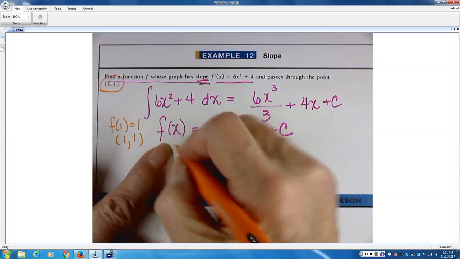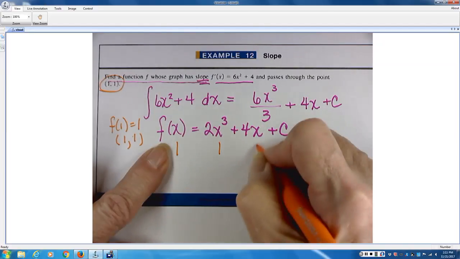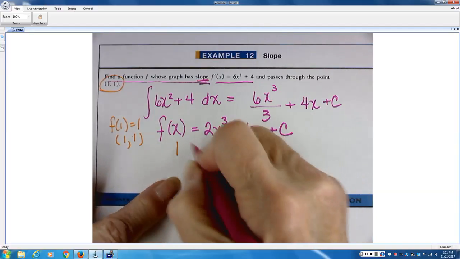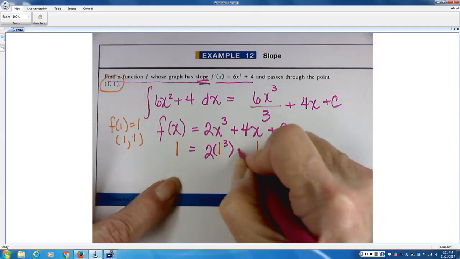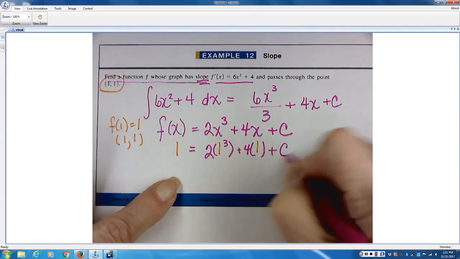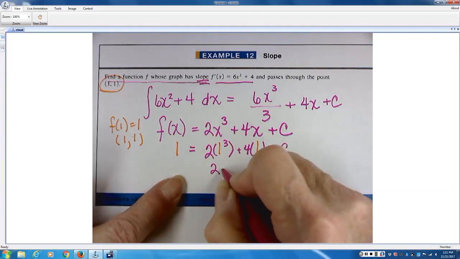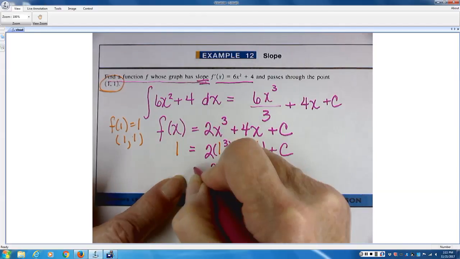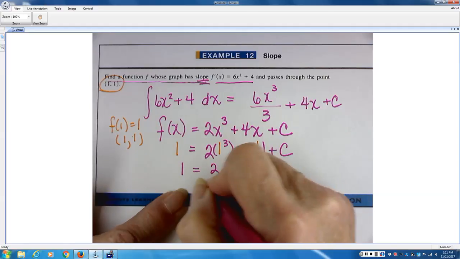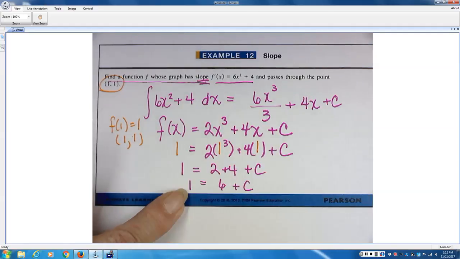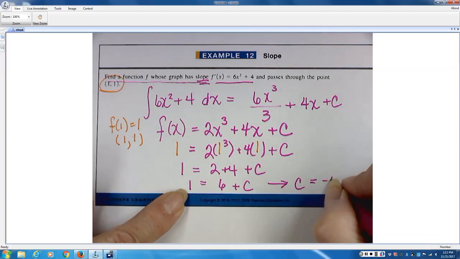So 2 times 1 cubed plus 4 times 1 plus your constant is equal to 1. 2 times 1 cubed is 2, plus 4 times 1 is 4, plus a constant is equal to 1. And of course 2 plus 4 is 6. So 6 plus your constant is equal to 1, and that means your constant is equal to -5.